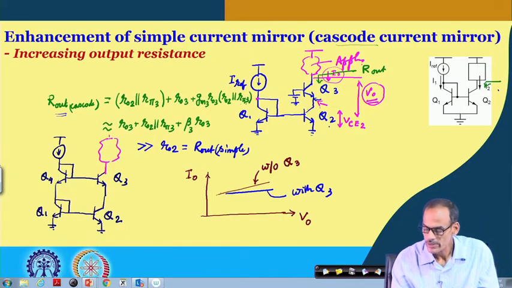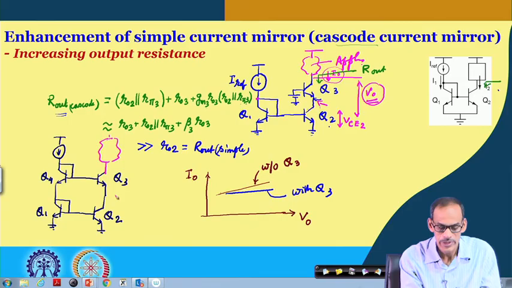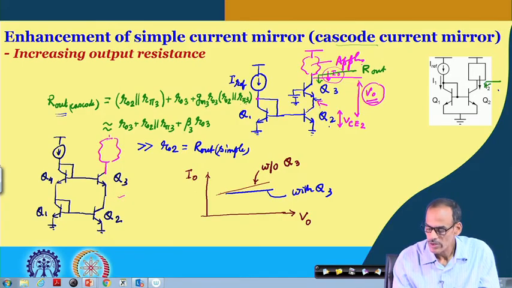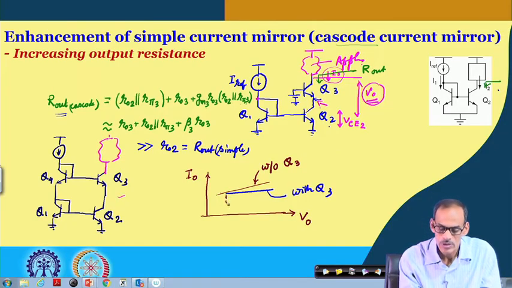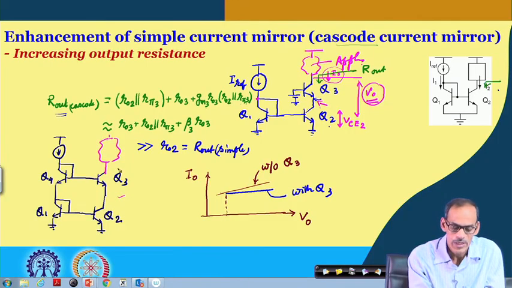Now, if I compare the two circuits, I am definitely getting higher resistance in this case, but the only drawback is that the minimum required voltage to get this benefit is higher.